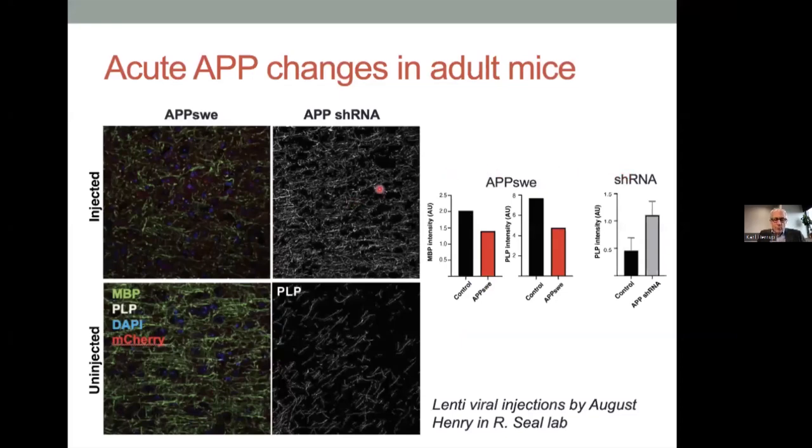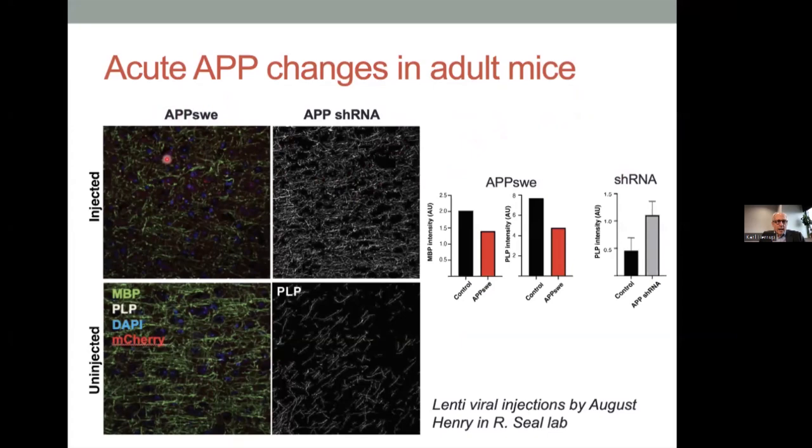And this is very recent data, but we asked what is the effect, the acute effect of APP overexpressing. So we overexpressed it by injecting lentiviruses into a normal, wild-type mouse brain. And as you can see, this is the uninjected brain. Myelin basic protein is in green.